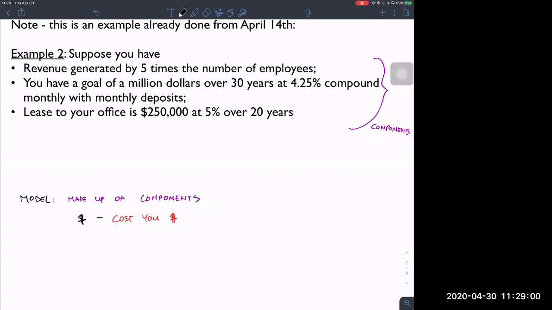Sometimes students ask, oh, I don't know how I can tell if it's one thing or another. Well, all the expenses come from the financing aspect. All the revenue generating can be something as simple as this first sentence here, revenue generated by 5 times the number of employees, right? That's relying on prior knowledge.